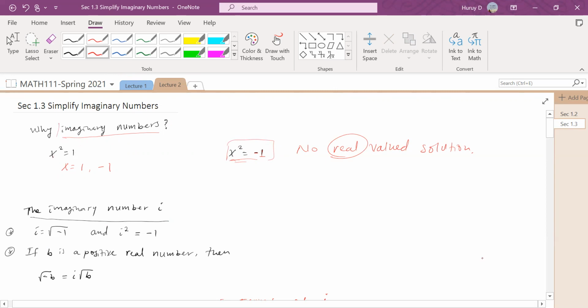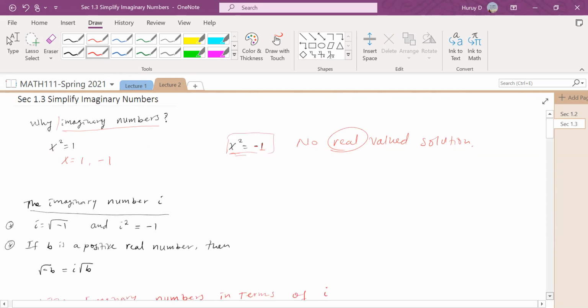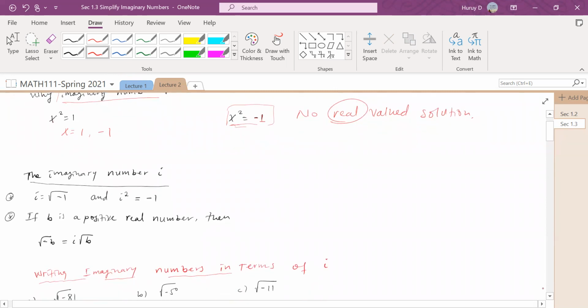Okay, so what is an imaginary number now? An imaginary number is a number which is represented by i or with some coefficient, and i is just the square root of -1. This is an imaginary number.